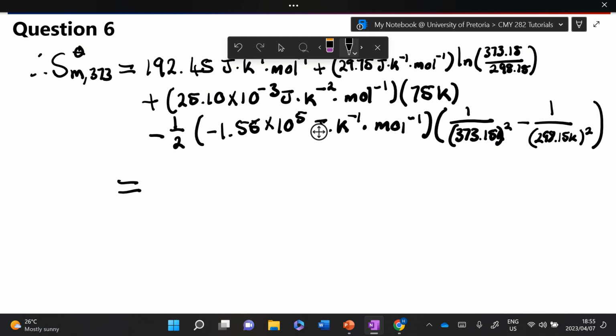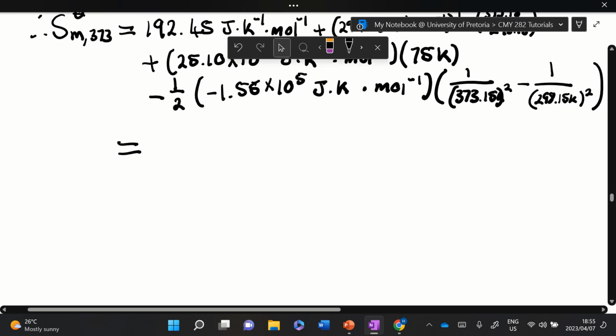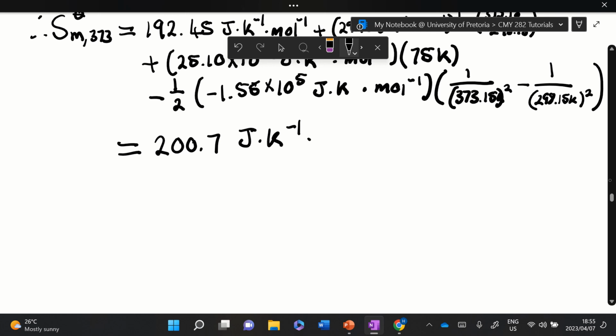This is just Kelvin. Yeah, joule Kelvin mole, because it cancels with the Kelvin squared per Kelvin squared that's over here. So all the units are fine, and it's 200.7 joule per Kelvin per mole. Minus 1. Cool. Which is the answer after all that work.